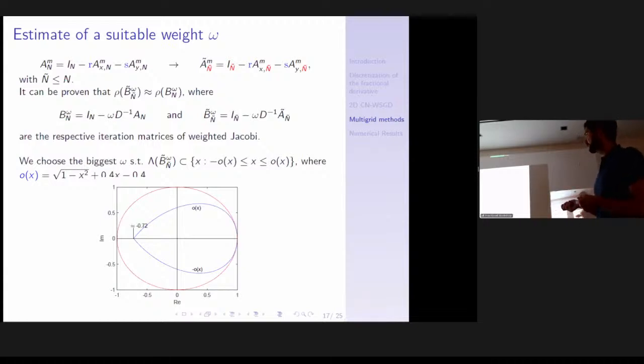And we look for the largest omega weight such that the whole spectrum of the smaller matrix is inside the blue region. And this, if the blue region is suitable, would lead to a convergent algorithm even in the original case where the matrix is larger.